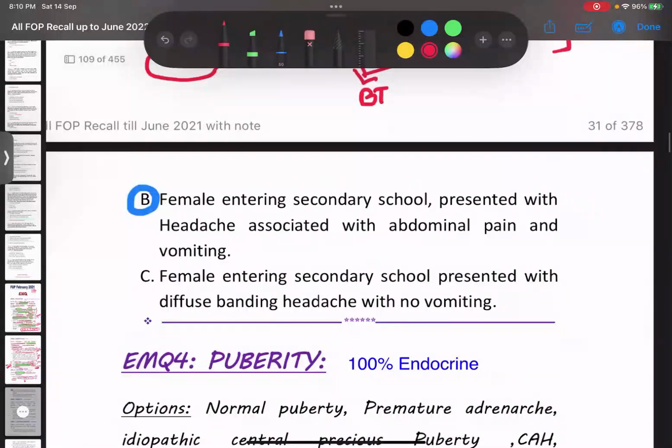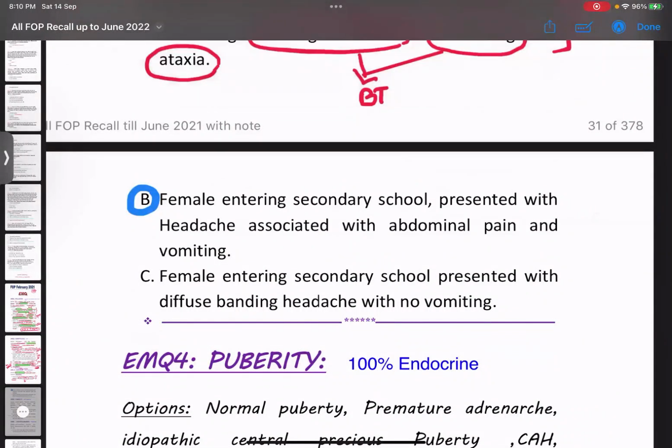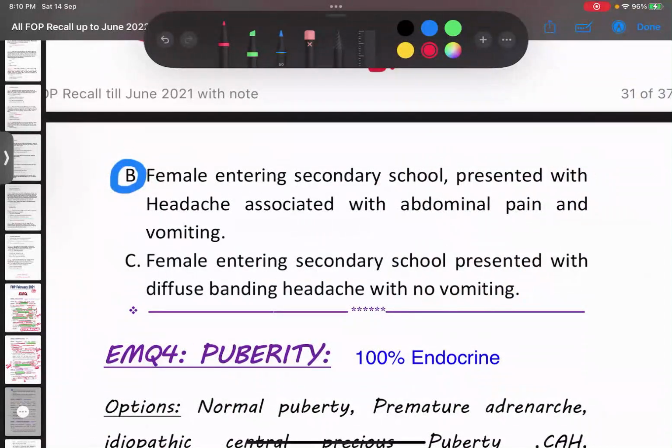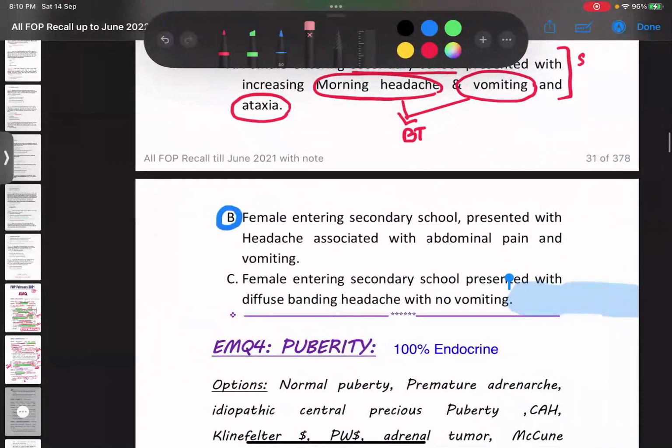Next one. This is a very, very interesting topic. Just today I was studying this particular topic and somehow happened to solve this.